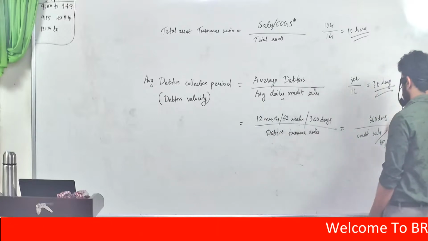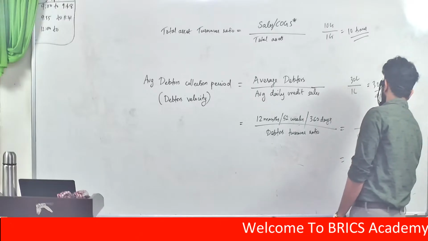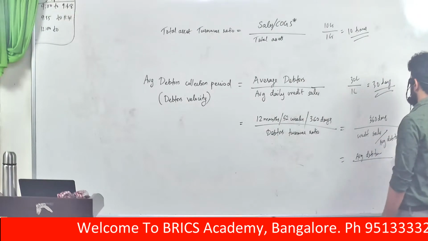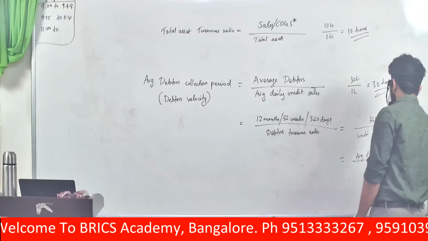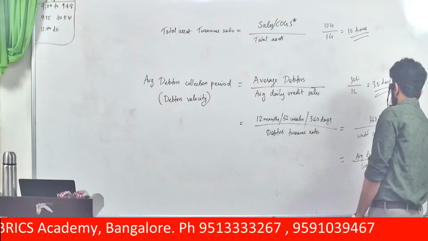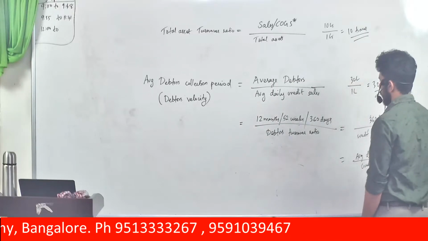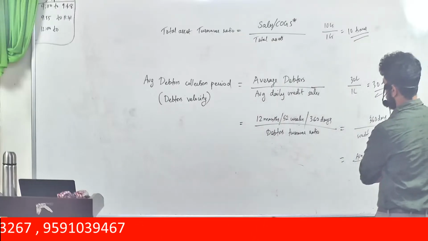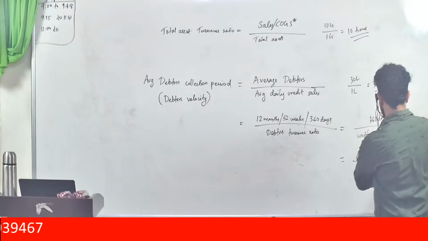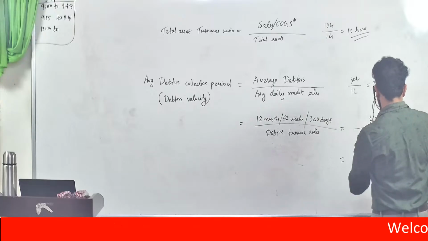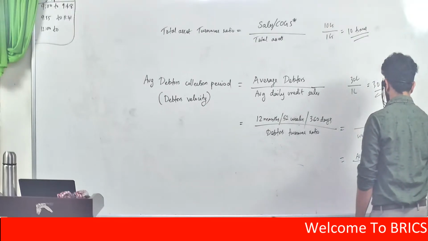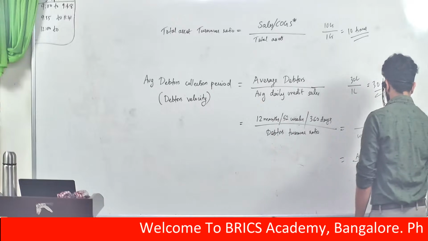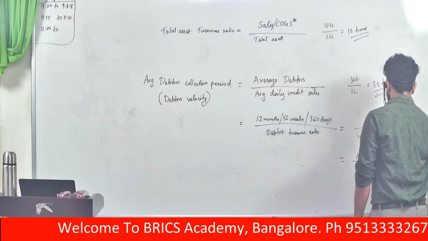Now if this goes up, guys, average debtors divided by credit sales, average debtors divided by credit sales, into 360.